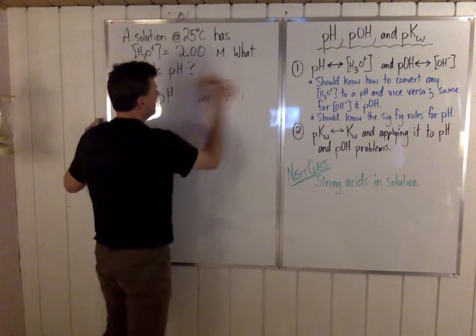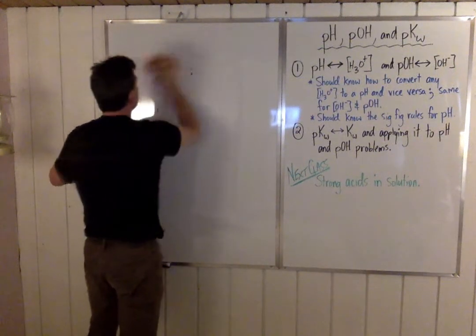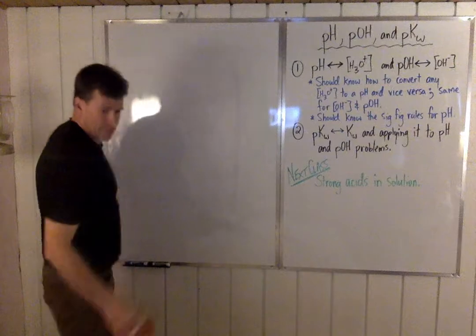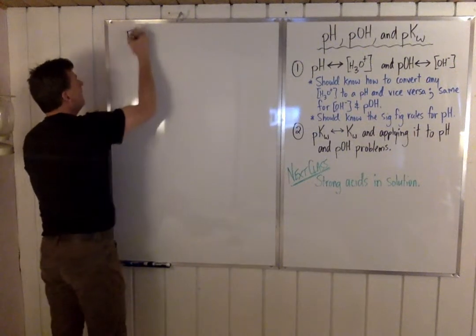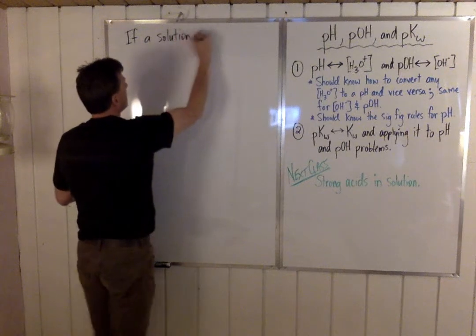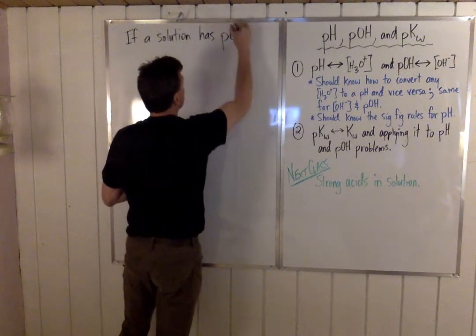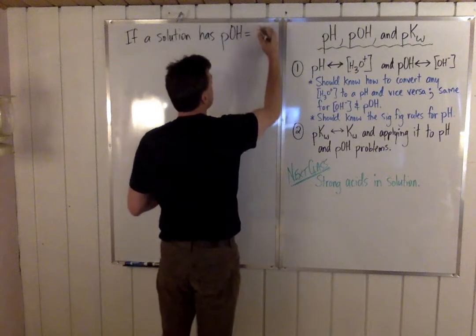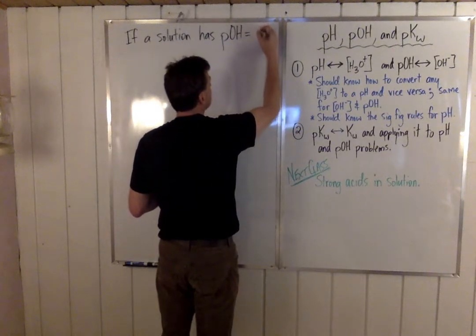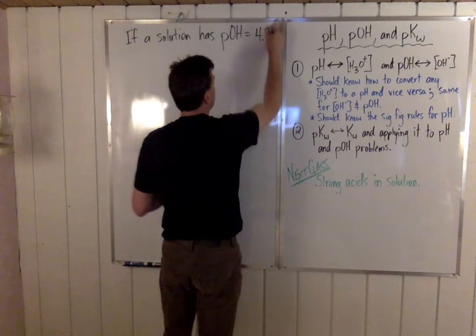Let's go the other way. So, if a solution has pOH equal to, let's go with 4.8.